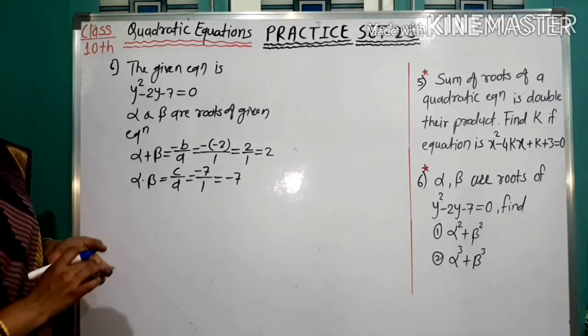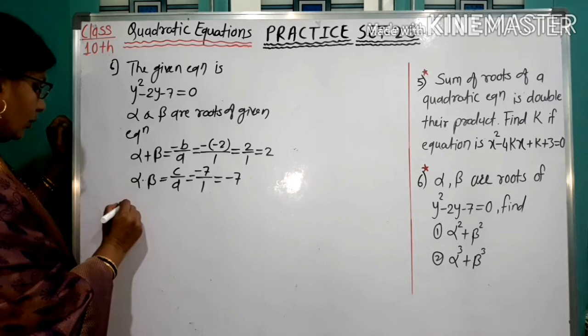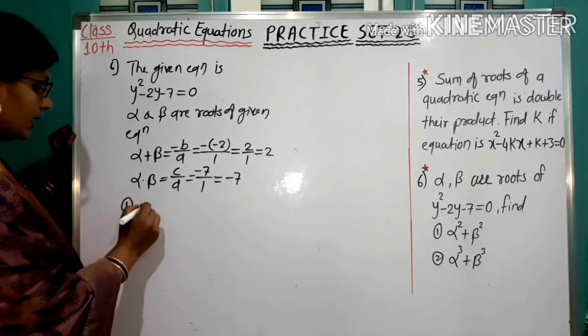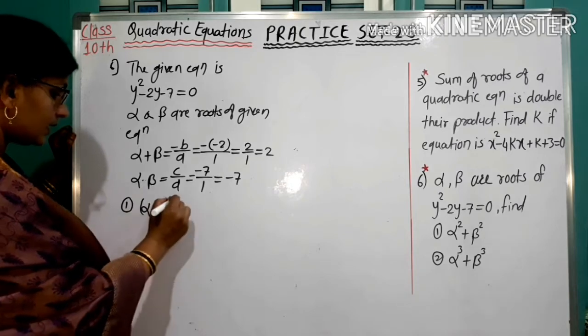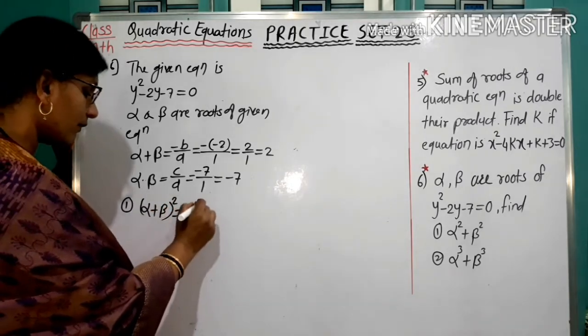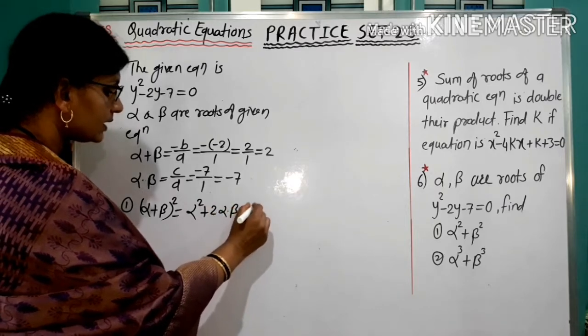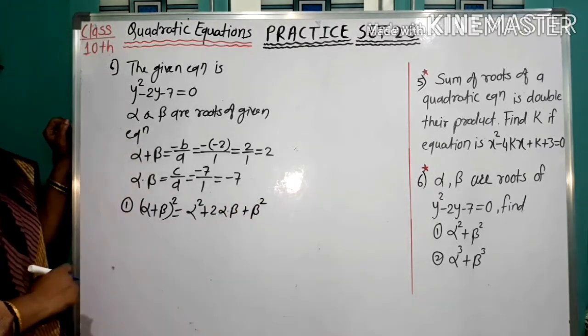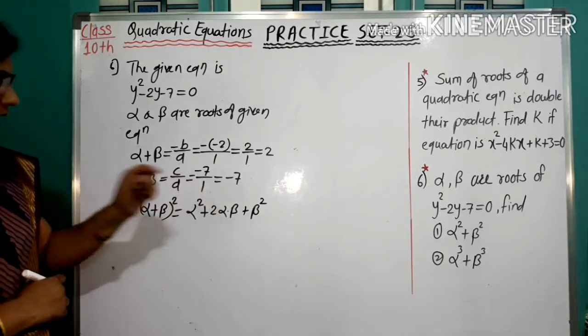Then first we find the value of alpha square plus beta square. We know the identity that (alpha plus beta) bracket square equals alpha square plus 2 alpha into beta plus beta square. Then put the values of alpha plus beta and alpha into beta in this.